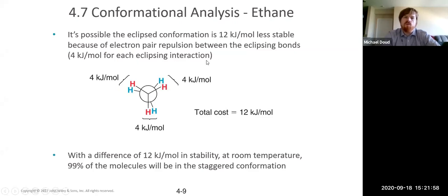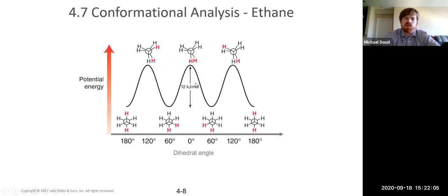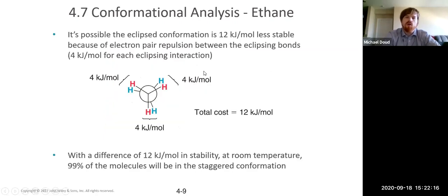Okay, now what we're going to do is break up that total 12 kilojoules per mole. The way that we calculate this is to calculate the energy of the eclipsed conformation and subtract the energy of the staggered conformation. In the case of ethane, that's 12 kilojoules per mole. Well, we can associate roughly 1/3 of this torsional strain with each of the 3 interactions that we have here.